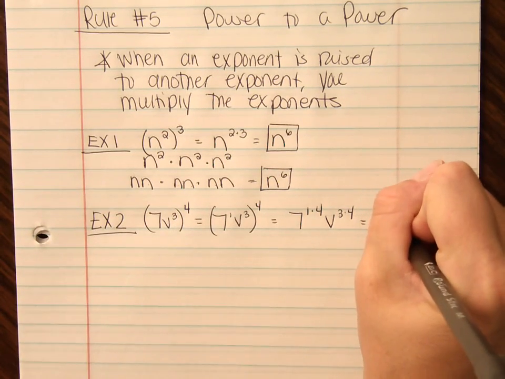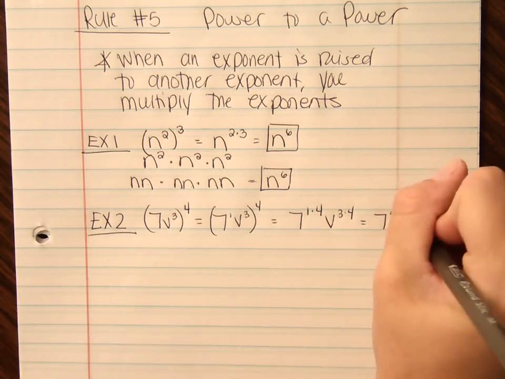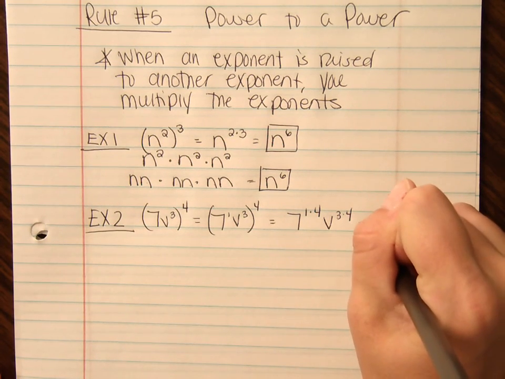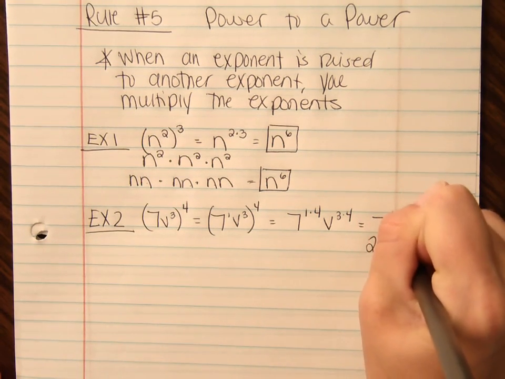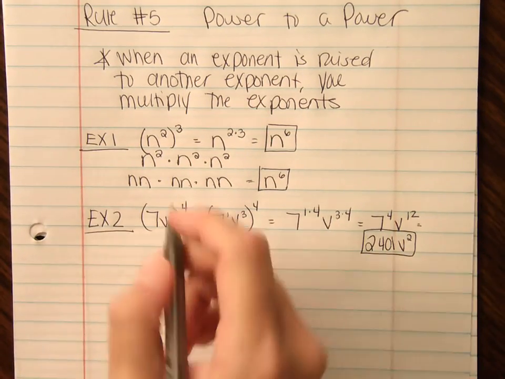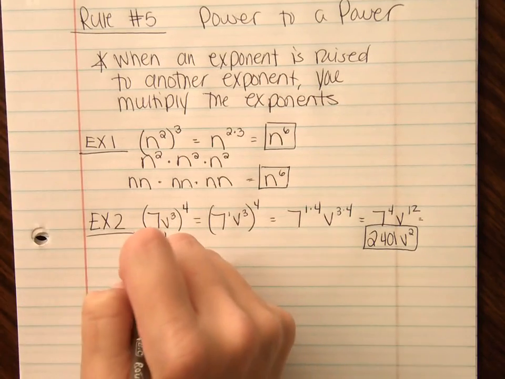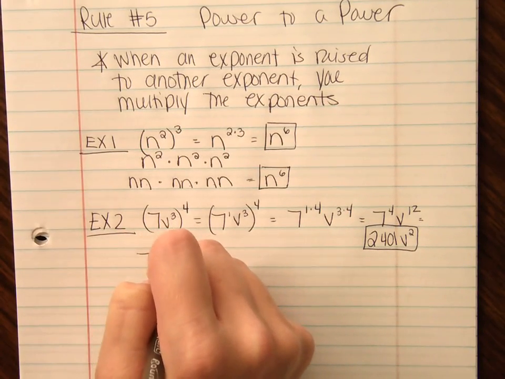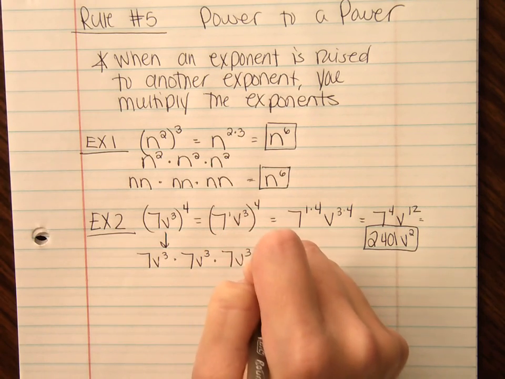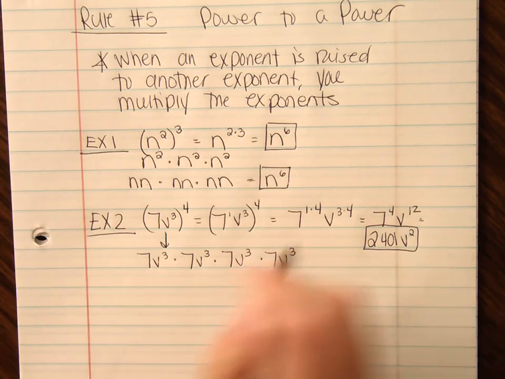So you have 7 to the 4th power, v to the 12th power, and 7 times 7 times 7 times 7 is 2,401 v to the 12th. But if we expand it, we can do 7v to the 3rd power times 7v to the 3rd power times 7v to the 3rd power times 7v to the 3rd power.